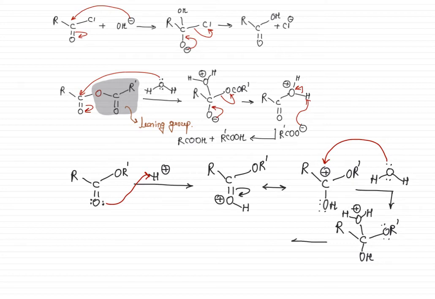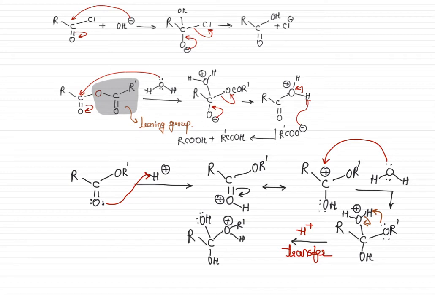Now you can have internal proton transfer, so you can have H plus transfer taking place, wherein you find that OR dash gets converted into a good leaving group by protonating itself. So you have this OR dash and H plus, and then there is this OH.